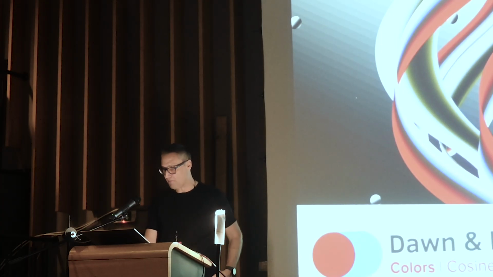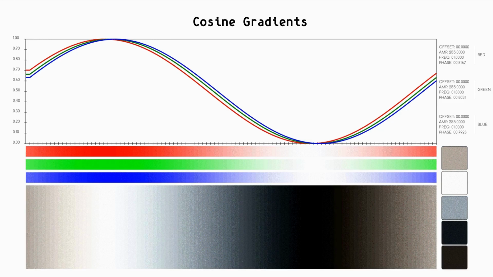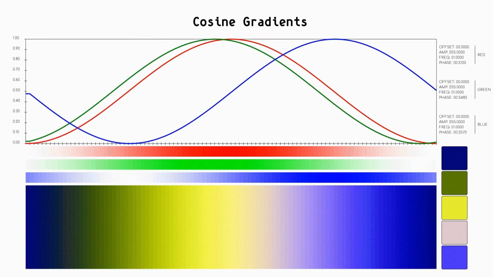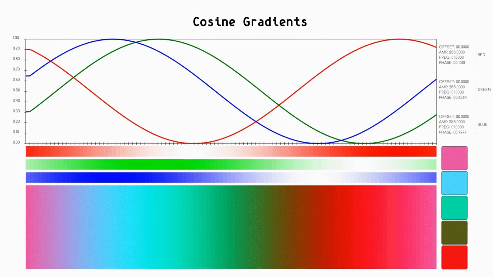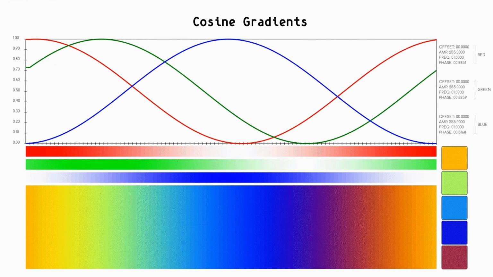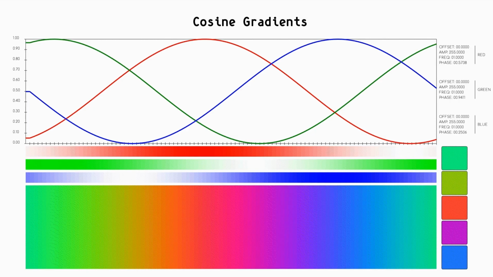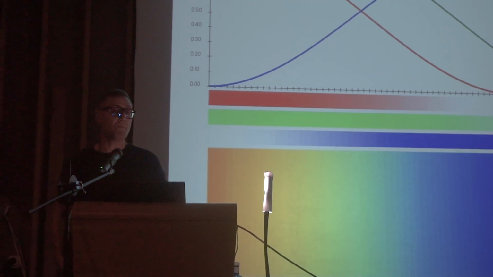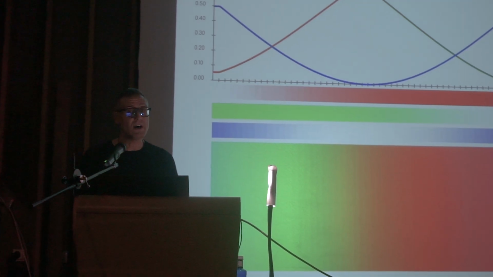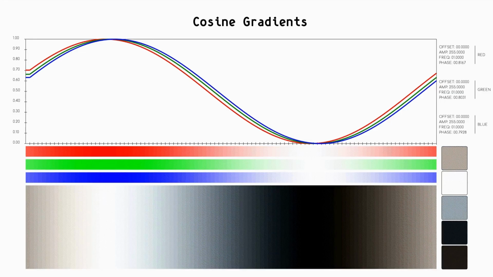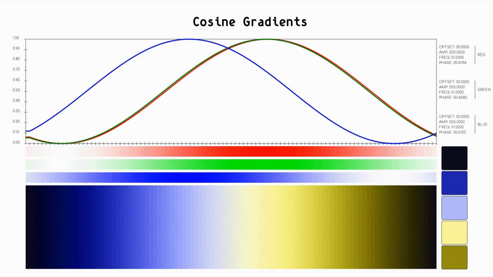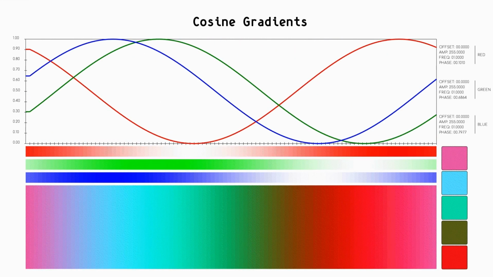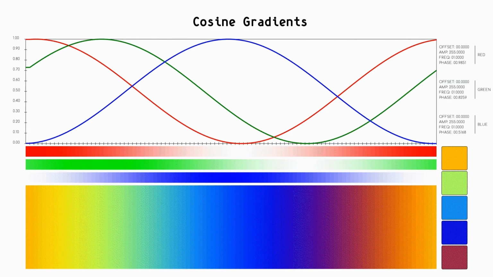In the end, I found the system of cosine gradients that matched very well with the idea of waves. Using cosine gradients, we have a wave representing each of R, G, and B, and also opacity. You can see that different waves produce a different gradient, and it was really nice to use in animation. Just changing the wave, you get a different gradient and color.